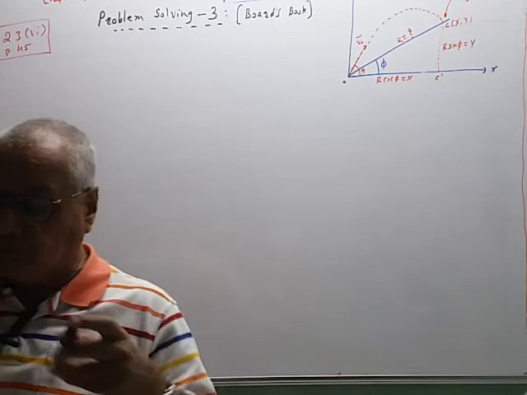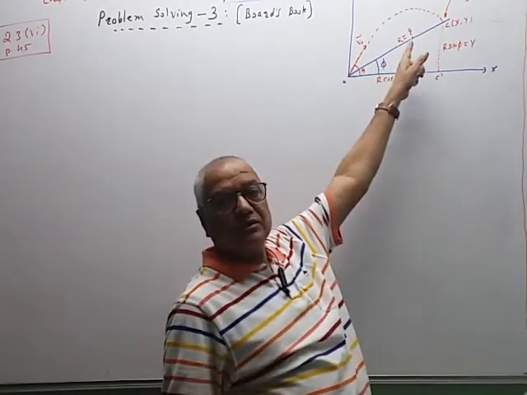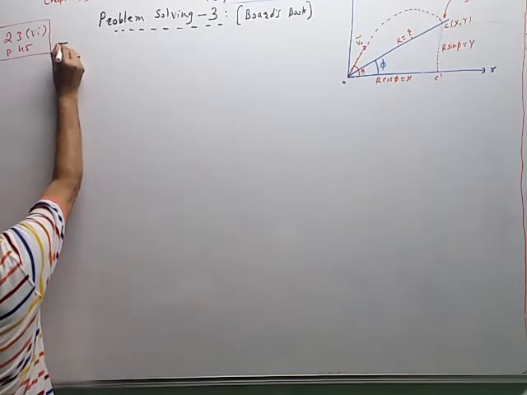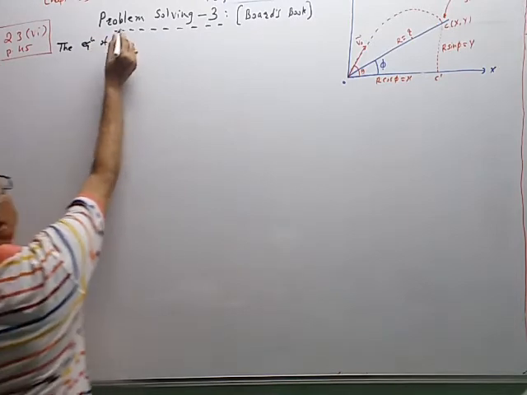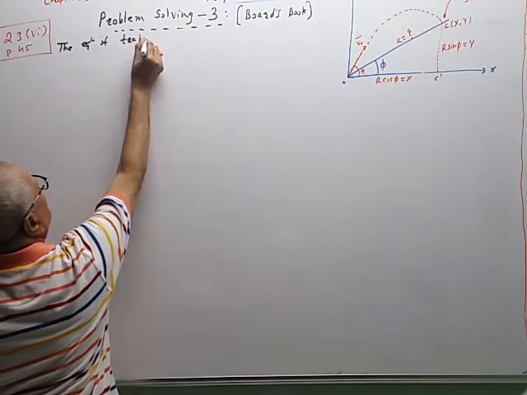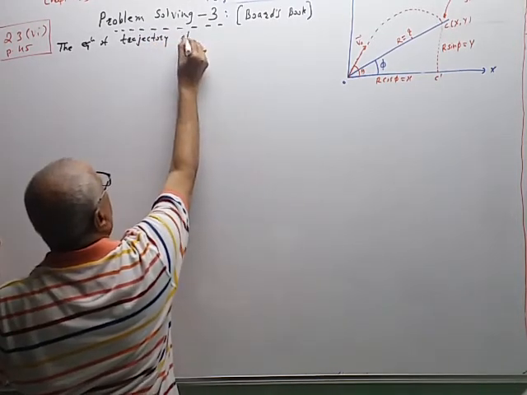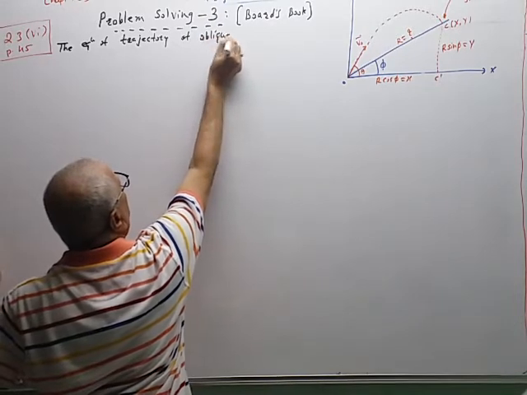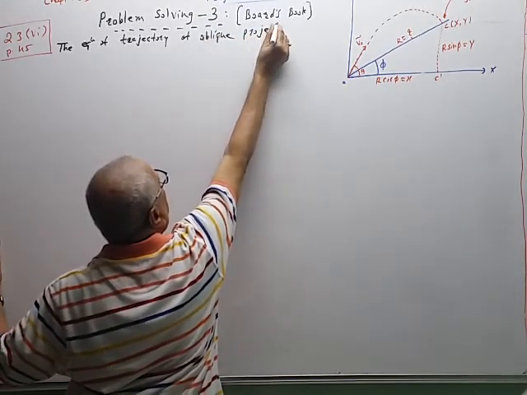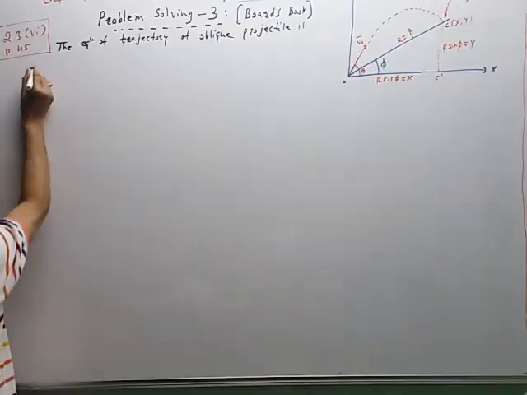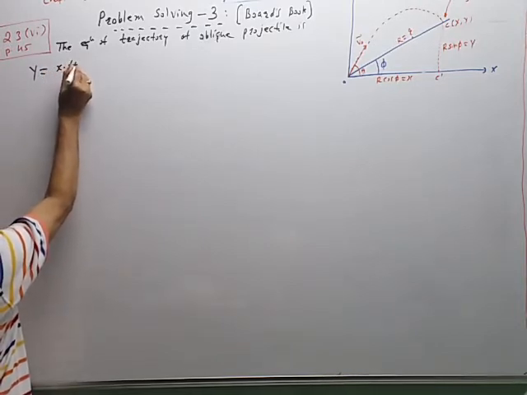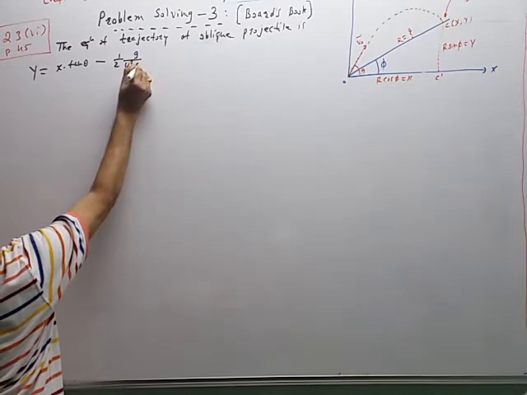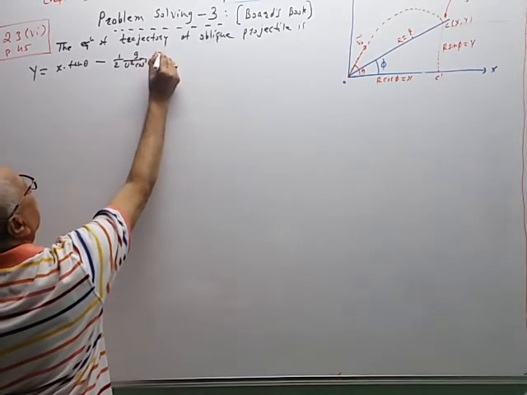Okay, so if we consider this as a horizontal surface, then as usual the equation of trajectory of an oblique projectile is given by y is equal to x tan theta minus 1/2 g upon u square cos square theta into x square.